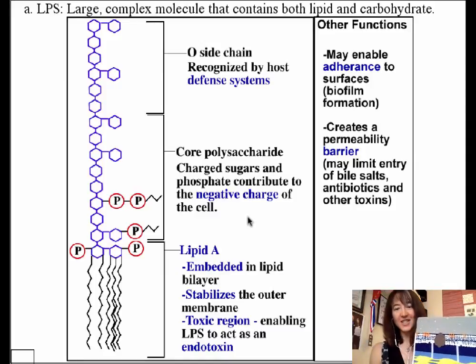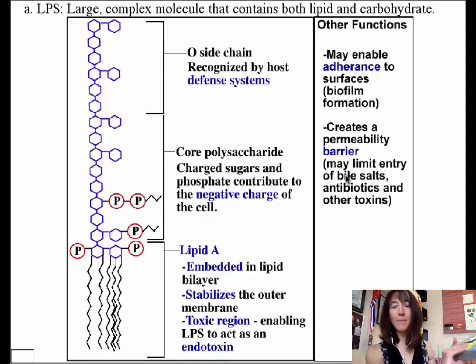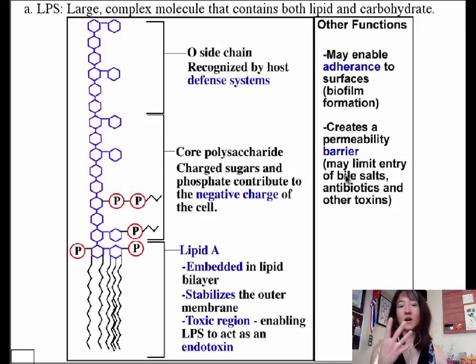Now, this makes sense actually if you think about it. Gram-positives tend to live in our nasopharyngeal area and on our skin, whereas gram-negatives tend to live in our gut. Now, there's some exceptions to that, but it's a good rule. And where do we find bile? Right? It's what allows us to digest fat. It's the detergent that allows us to emulsify fat in our digestion. So it makes sense that something that lives in our gut would need to be pretty resistant to that. Very cool.